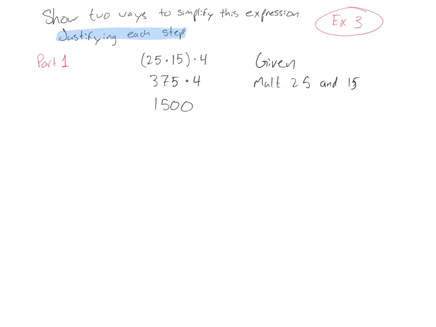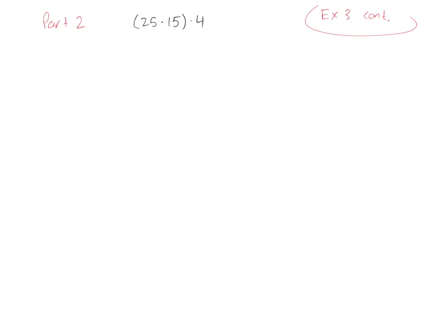Well, I simply multiplied what two numbers? I simply multiplied 375 and 4. So that kind of brings us to the end of the first part here. Because remember, it did say two ways. So here is the next way.